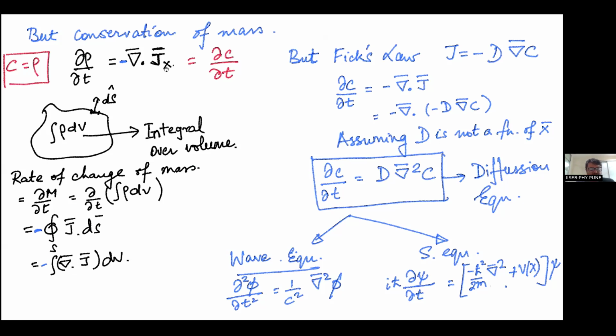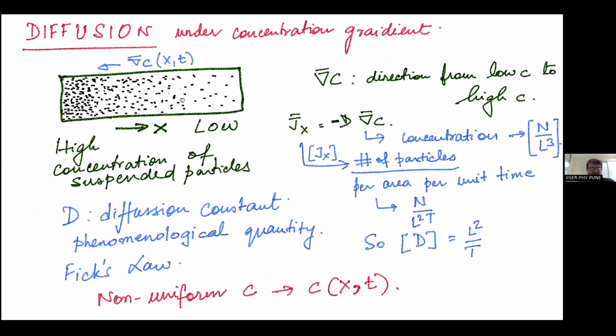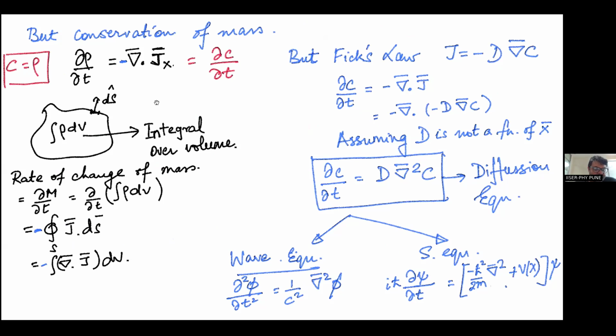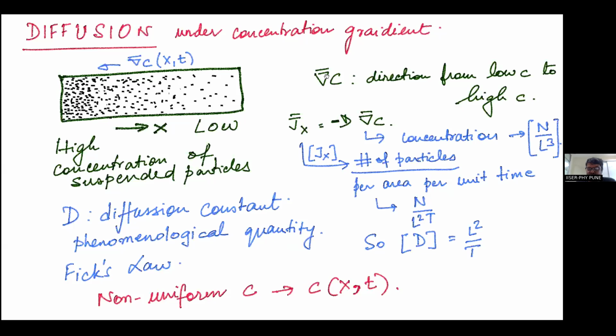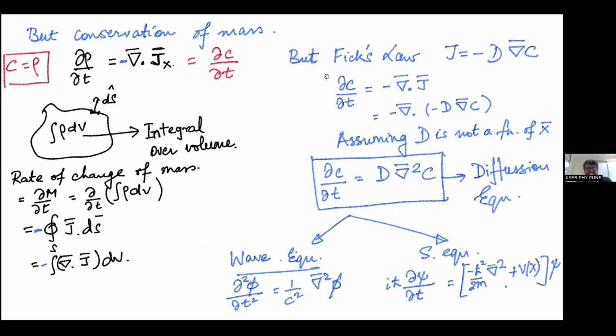Now, this Jx comes because here we were assuming that the current is only in the x direction, but in general, you just have a divergence J. Okay, so here I've written in terms of rho, but here I had used C. Now, this is in general true, right?